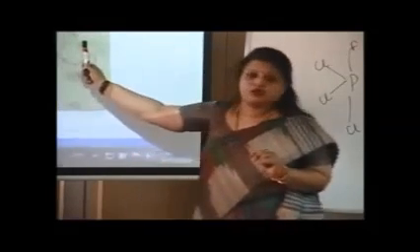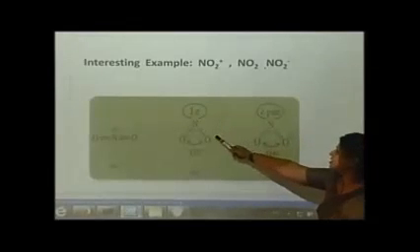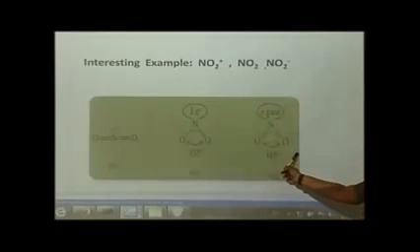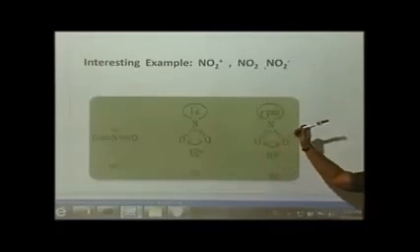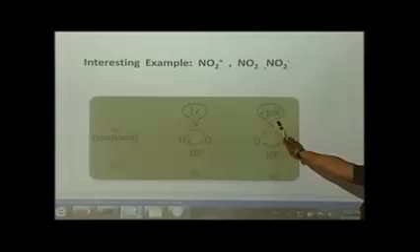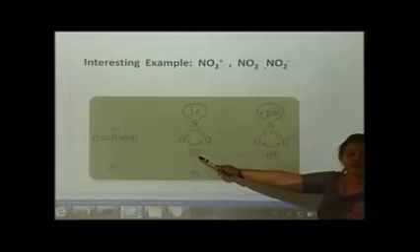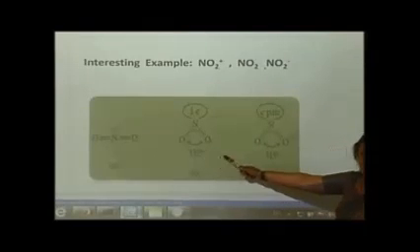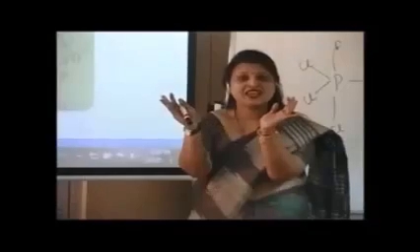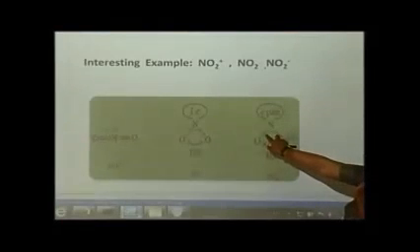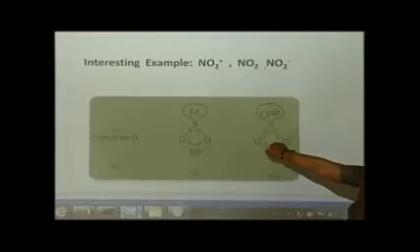Now, if you compare these two species, this is NO2 and this is NO2 minus. You can see there is one electron in this species and an electron pair in the other. Compare this with the bond angles, 132 degrees and 115 degrees. That means the electron pair is able to expand more and hence is able to compress the bonded pairs to a greater extent.